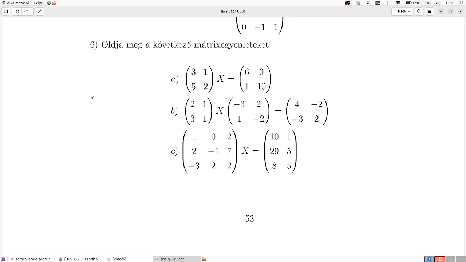Next one, the signs, or chessboard rule. This is okay. Here that's minus, and this is minus 2. Great. And then I have to divide with minus 1.